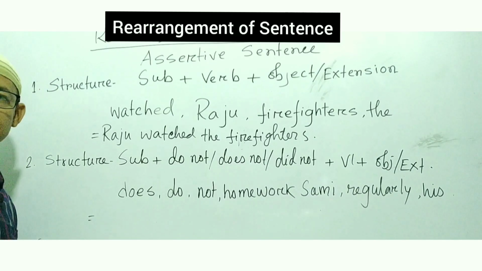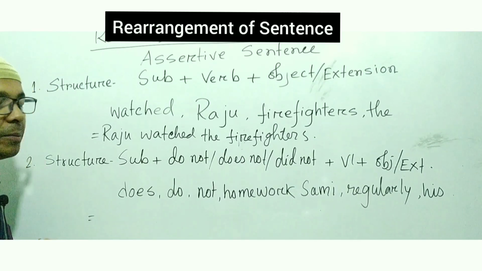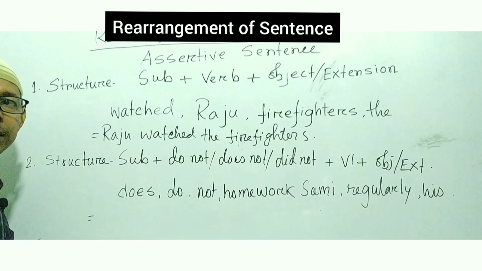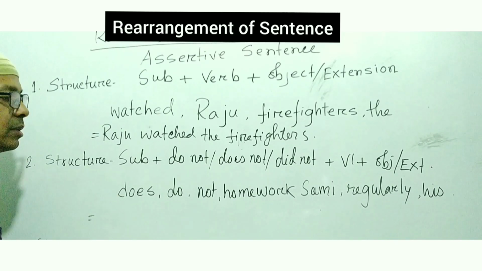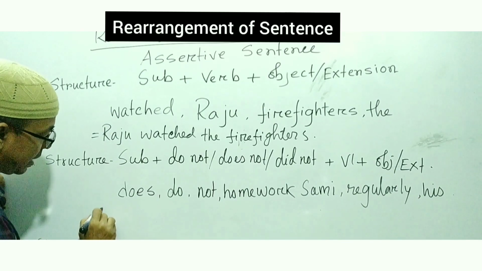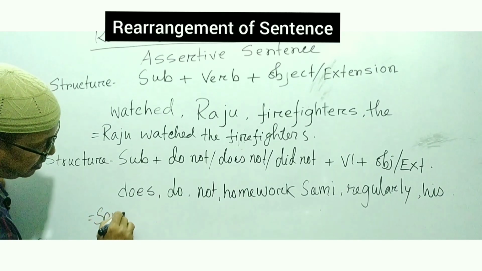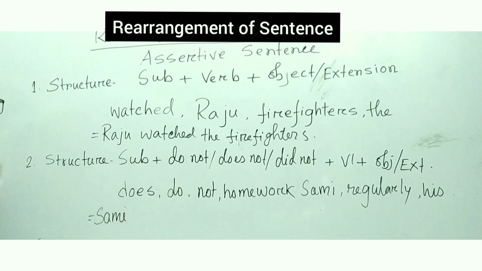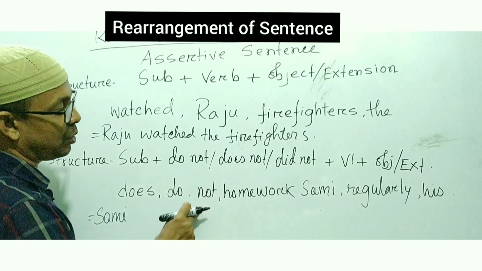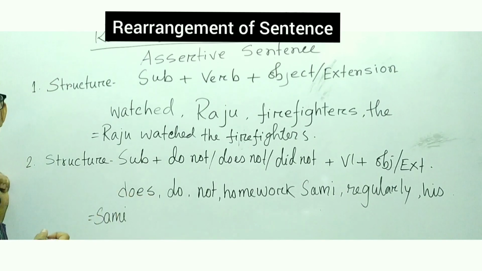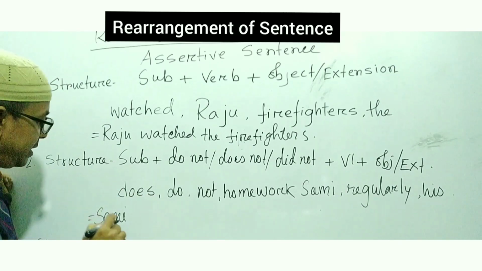So how will you make the meaningful sentence from these example words? So here you can see Sami, it's a noun. So write here Sami. Sami, then what? Regularly, here, does, do, not, homework, that means Sami does not do.